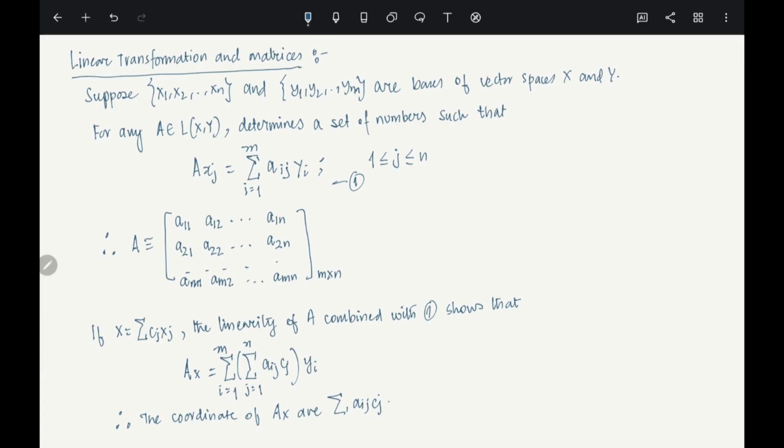One question to check: given an m cross n matrix A, can one represent it as a linear transformation?